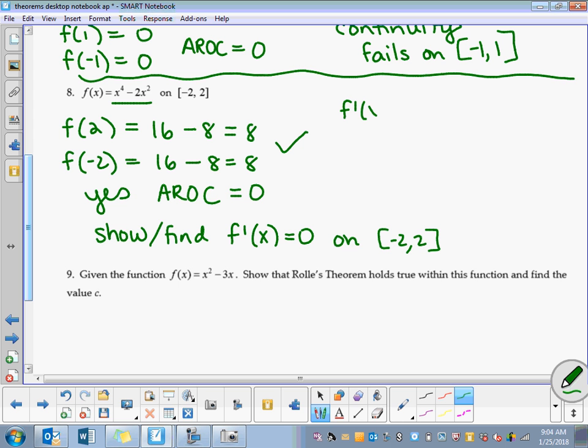So f prime of x equals 4x cubed minus 4x. 4x cubed minus 4x equals 0. x squared minus 1 equals 0.